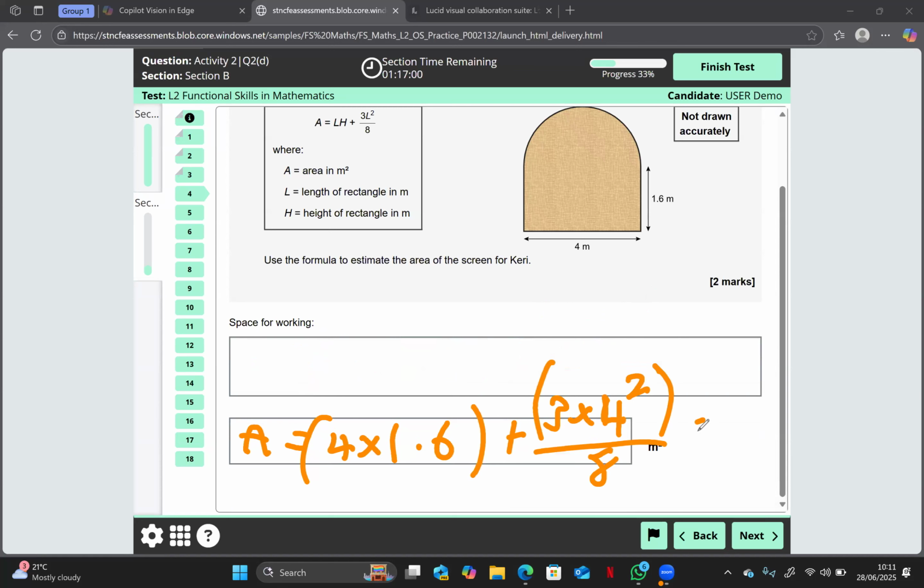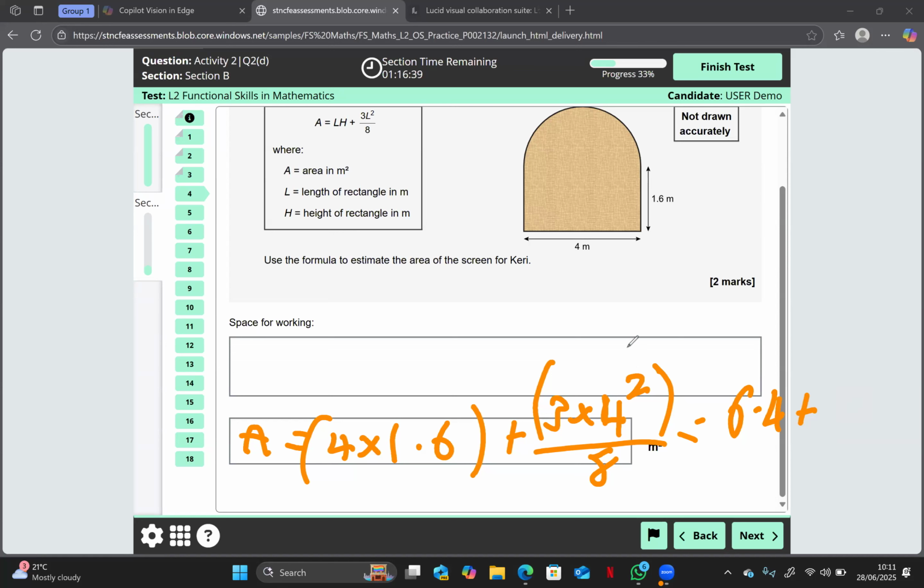So we will work this out and it would be 4 times 1.6 on your calculator, which equals 6.4. Add 3 times 4 squared, which is 16.